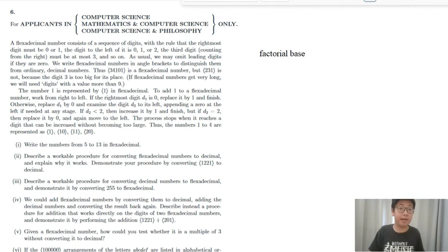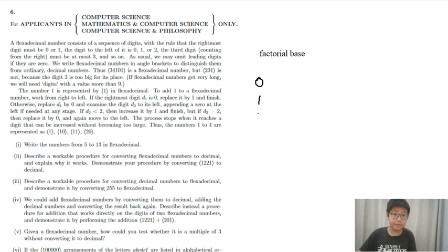Let me explain why. To explain why, we had to do part 1 first. So, write the numbers from 5 to 13 in what they call flexidecimal, but what is actually called factorial base. So, we have 0, 1, 2, 3, 4, and then we can have 5, but 6 needs another digit because 30 is not okay in what is called factorial base.